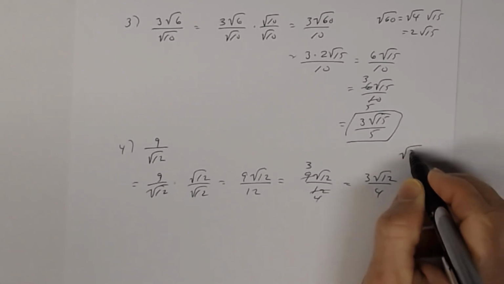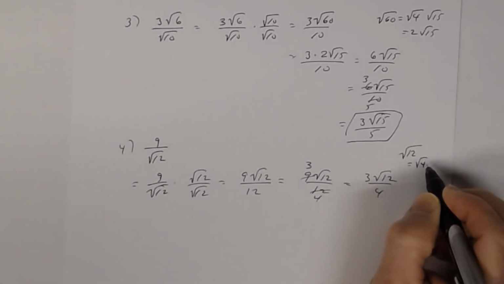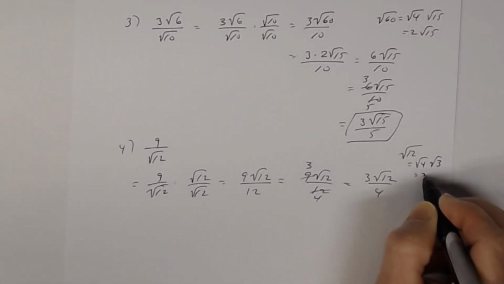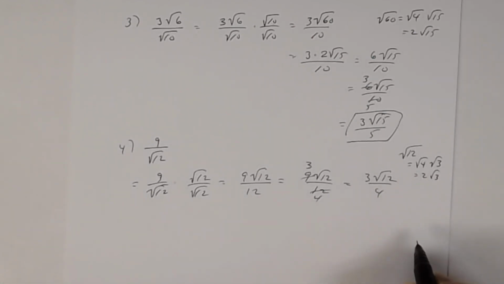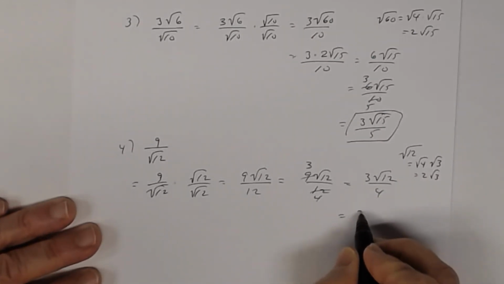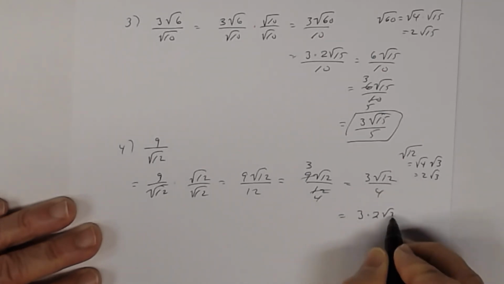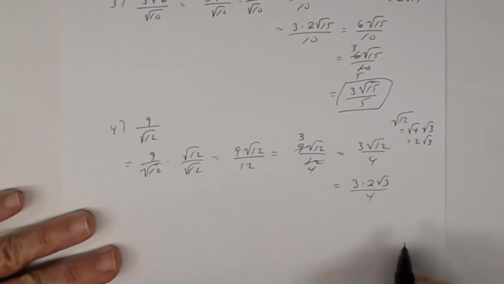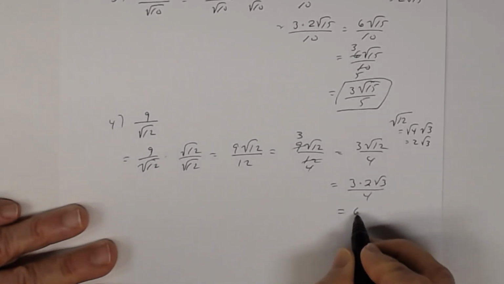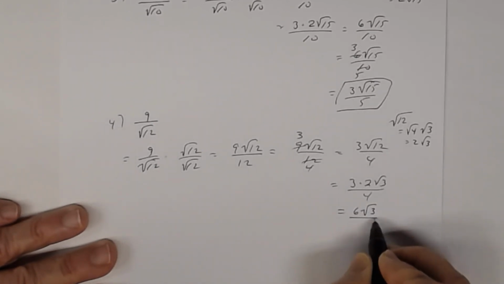So the square root of 12 will be the square root of 4 times the square root of 3, which is 2 square root of 3. All right, so now notice what happens. I have 3 times the square root of 12 is this. So 2 square root of 3 divided by 4, right? And 3 times 2 is 6, so I get 6 square root of 3 divided by 4.